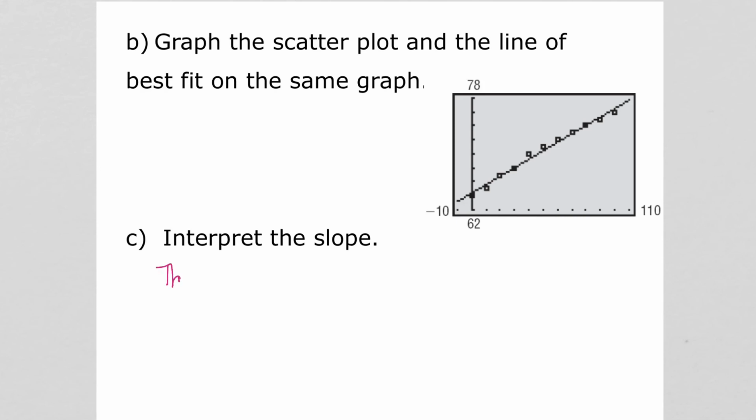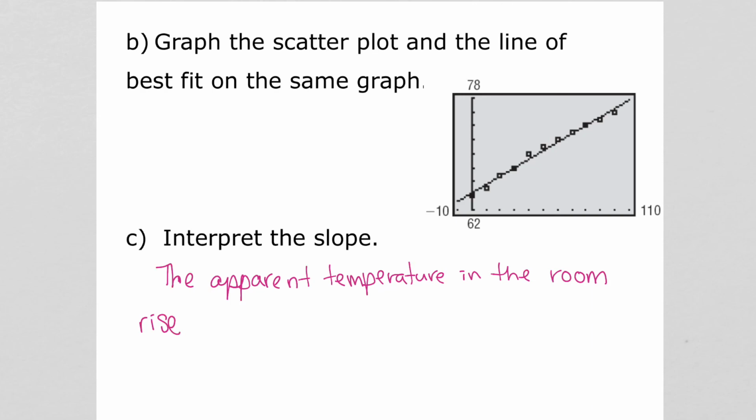The slope means the apparent temperature in the room rises, for our particular case here, approximately, if we take the slope 0.121 and change that to a fraction, let's just do 0.12, then that would be 12 over 100, or 12 degrees over 100%.